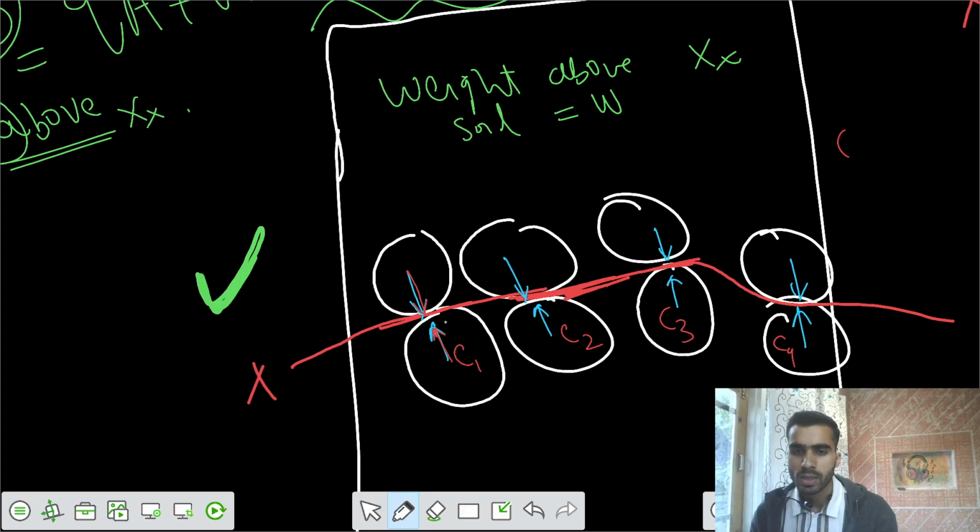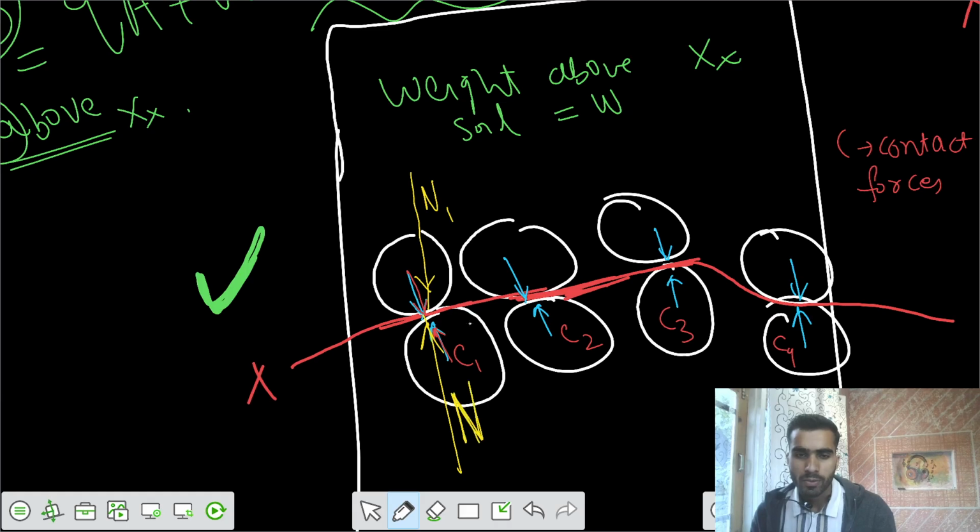So these C's are the contact forces between those grains. Now I want to resolve those. N1 is the vertical component of that contact force.